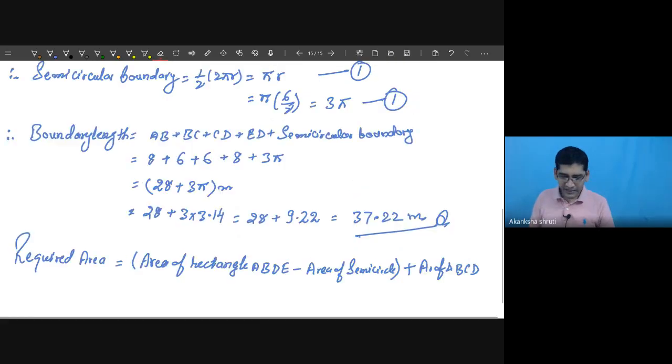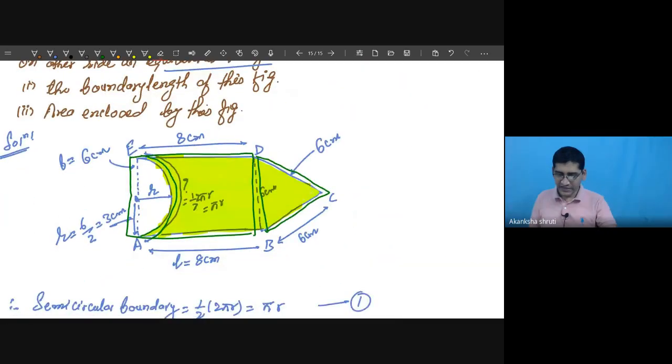From this figure, it's easy: just take a rectangle, subtract this semicircle, then add it. It appears easier.